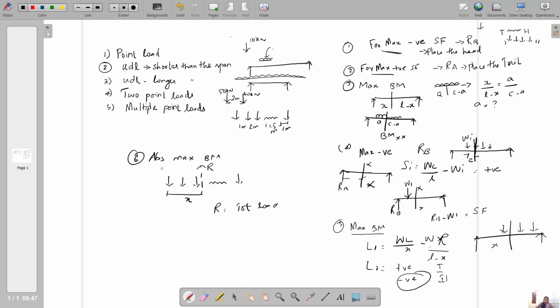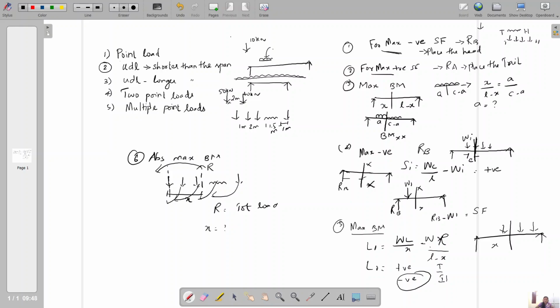Taking moment about the first load, you rotate all the loads with the corresponding distances and also the resultant into x distance, and find out x, so that you can identify the position of the resultant and the critical load which is near to the resultant.